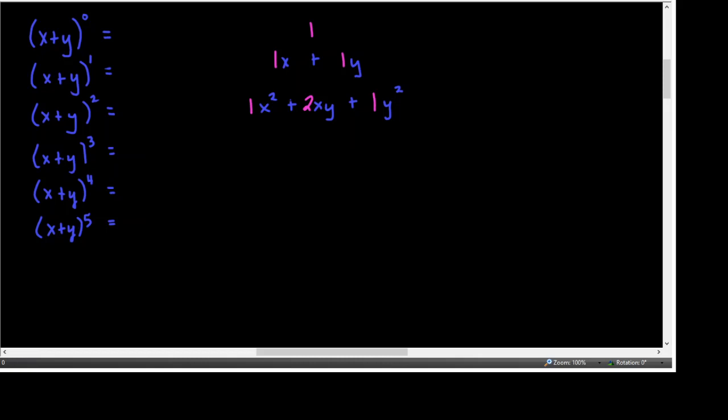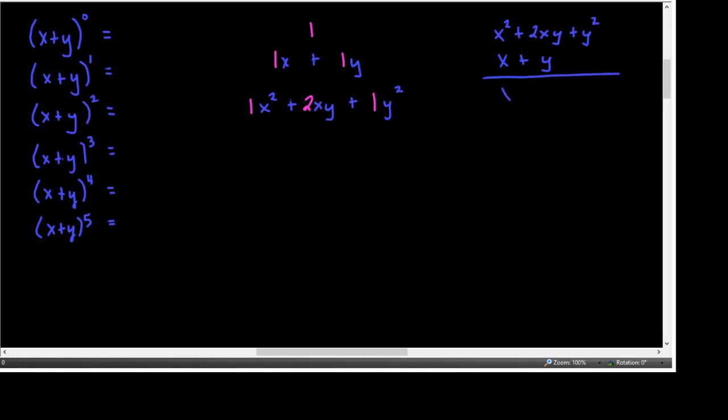Then if you were to take that answer and multiply it by another x plus y, let me remind you how to do that. If I'm multiplying x squared plus 2xy plus y squared by x plus y, I'm going to multiply x by everything up above.